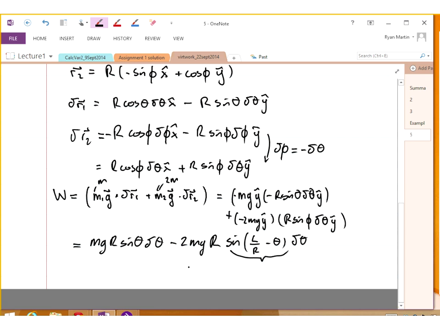Now, this sine of L over R minus theta, we can use the angle subtraction formula. Sine of alpha minus beta is equal to sine alpha cos beta minus cos alpha sine beta.